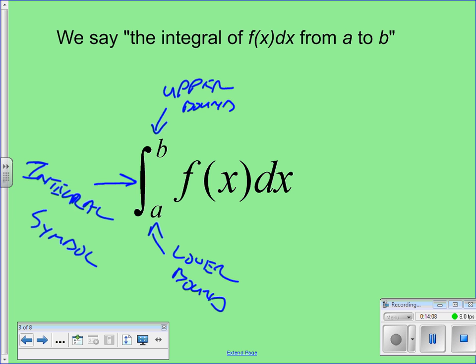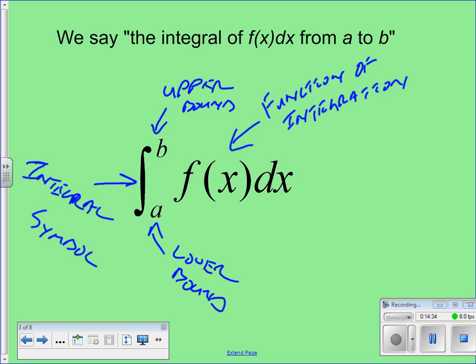If it's got numerical values, you say the numerical values in that order. That is important how you do that. This is our function of integration, also known as our integrand.